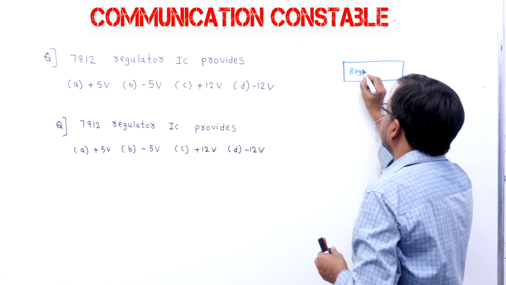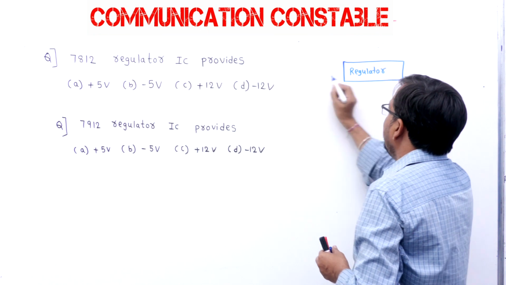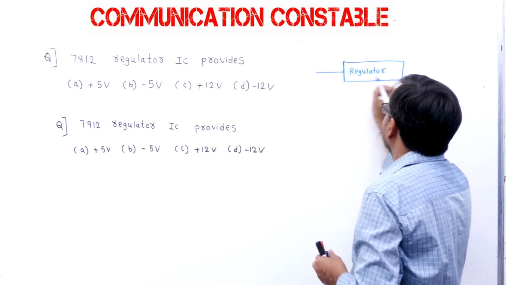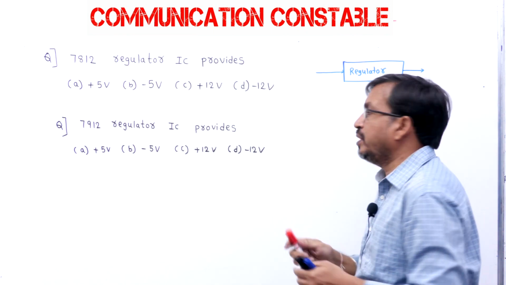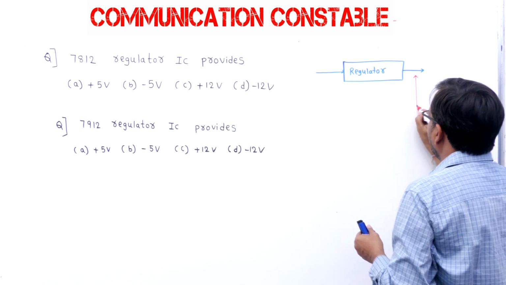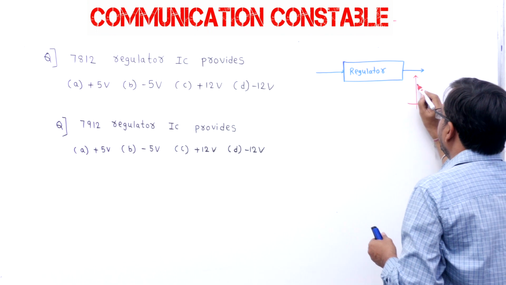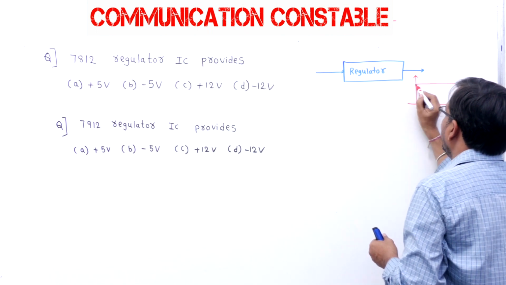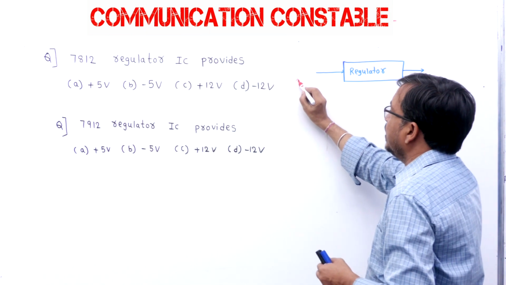A regulator is a circuit which gives a constant output voltage, irrespective of input voltage variation or load variation; output voltage is always constant.